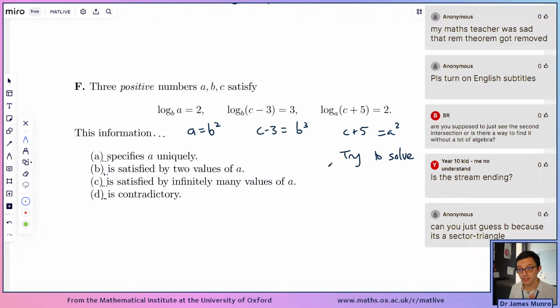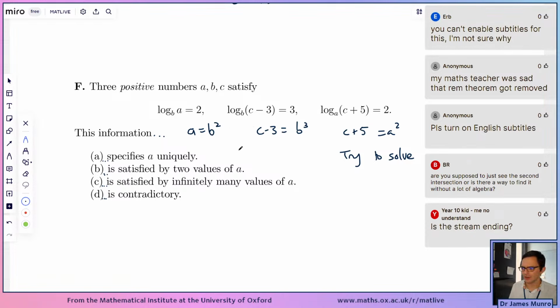And if you can solve these to get a unique solution for A at the end, then hey, the answer is A. If you try and solve this, you find, oh, there's two plausible values of A, and I can find corresponding values of B and C, then that's fine, pick B. If you find that actually these equations are really easy to satisfy, I can make A, B, almost anything I like, then you pick C. And if you think I've got no solutions at all, this is nonsense, then pick D. These are trying to be kind of mutually exclusive cases, depending on how many solutions you've got.